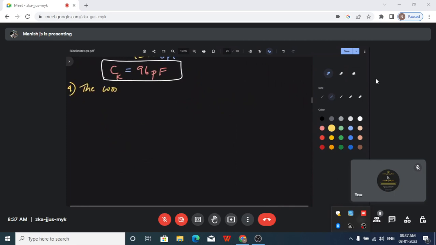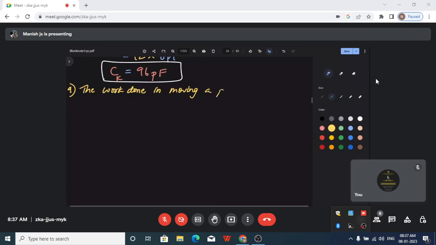The work done in moving a point charge of -2 nanocoulomb from point A, whose coordinate is 0, 0, 3 centimeters, to another point B, which is 0, 4 centimeters, 0.